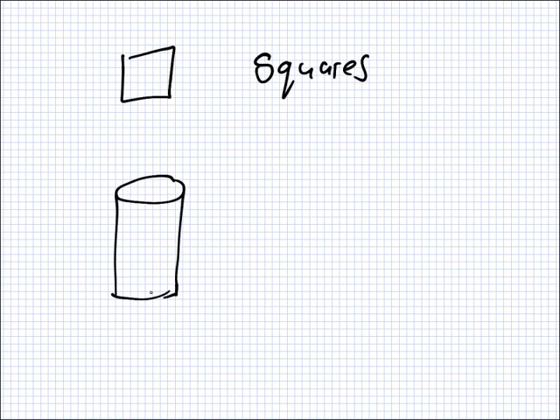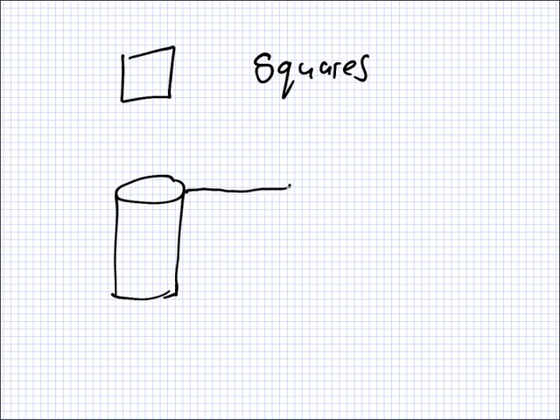What's this shape called? Come on, we did it earlier. It's the same as the Pringles, the crisps. Look at number 4. Cylinder.